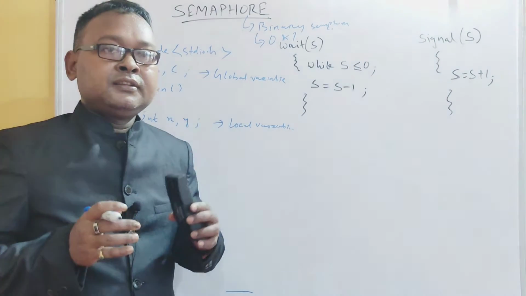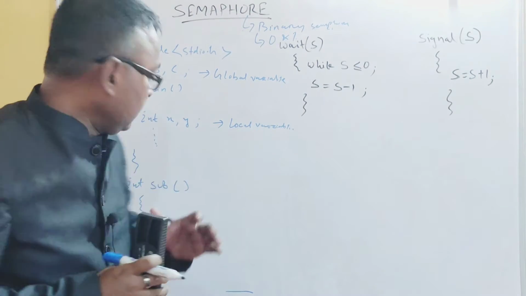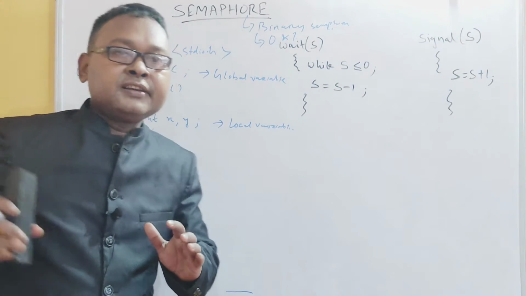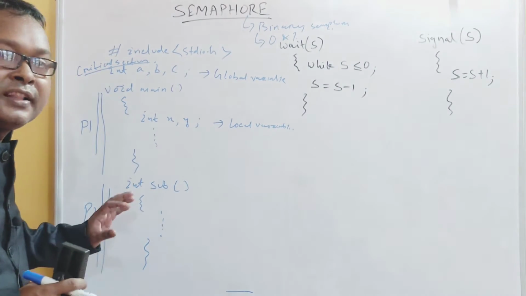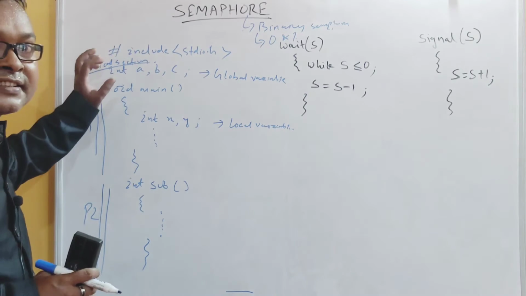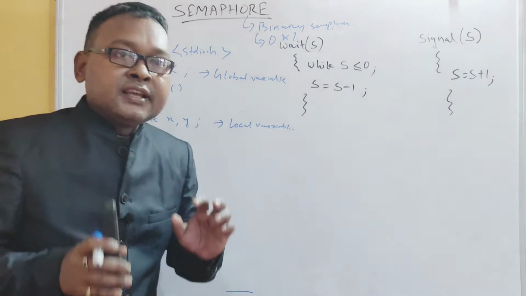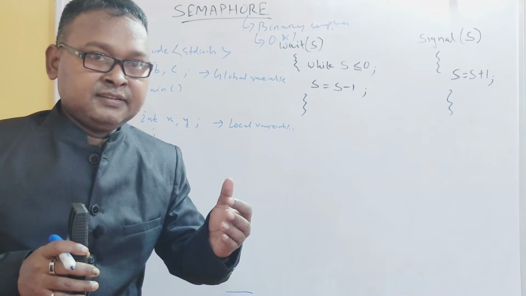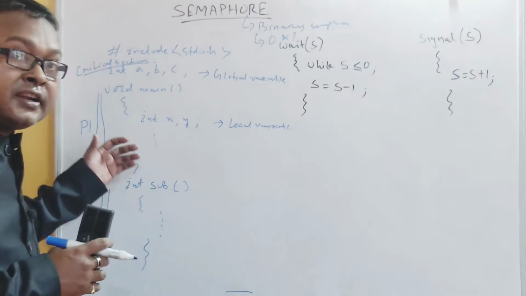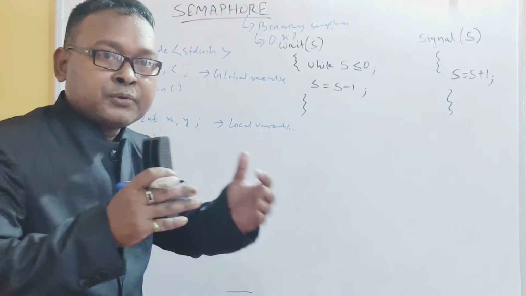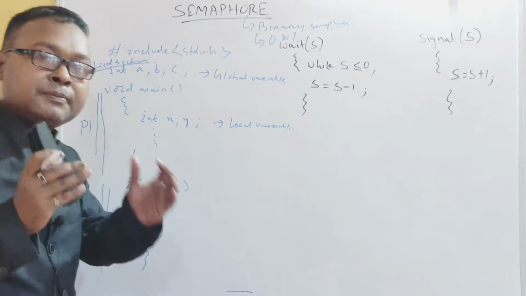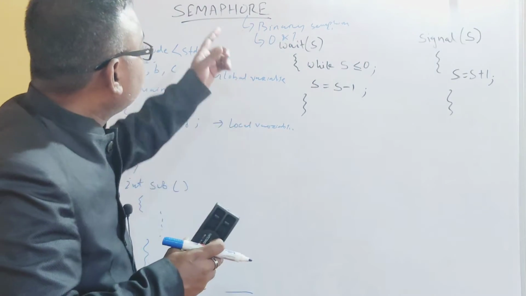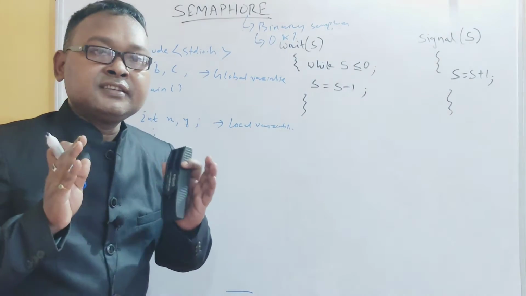But the problem arises if a lot of processes like P1, P2, P3, P4, P5, 100 processes are there in your program and they want to access the critical section, that means the global variable. Then the synchronization problem arises, which means the critical section problem arises. To avoid that critical section problem, one solution is there, that is the semaphore.